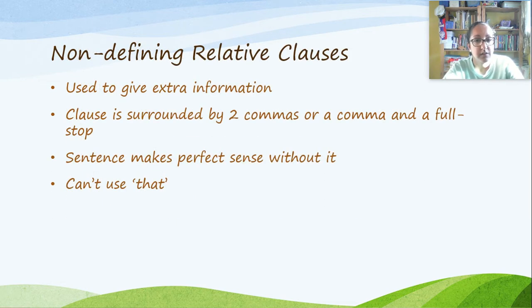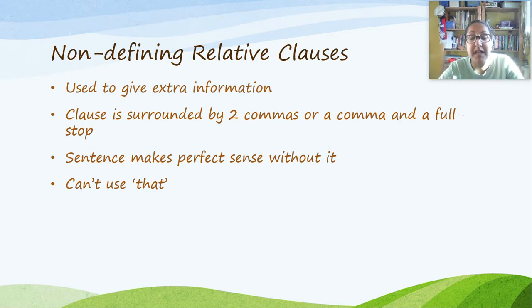So, we have two types of relative clauses. Let's look at non-defining relative clauses first. These are used to give extra information. The non-defining relative clause is surrounded by two commas, so a comma before it and a comma after it, or a comma before it and a full stop at the end.